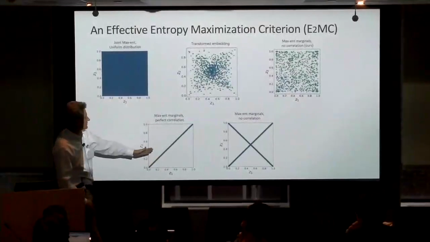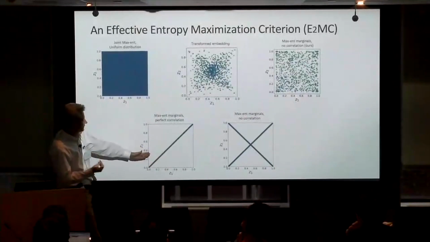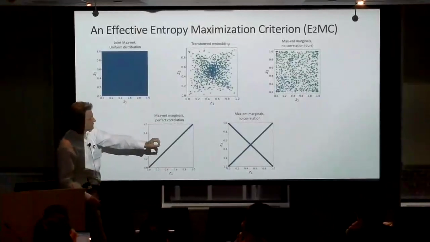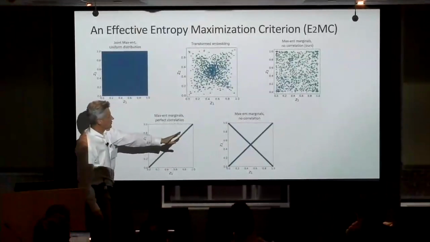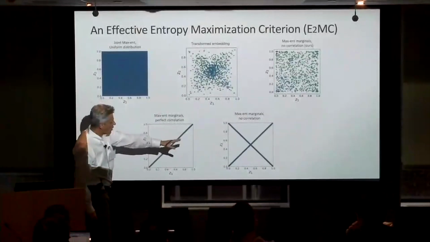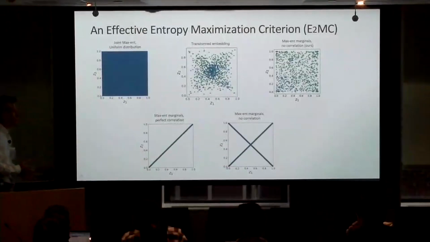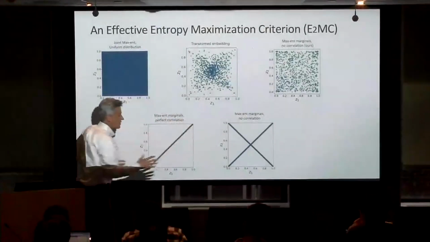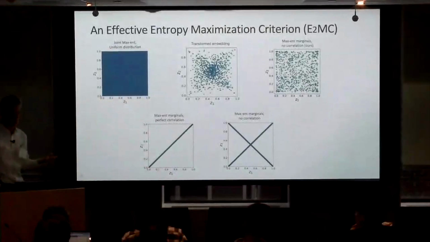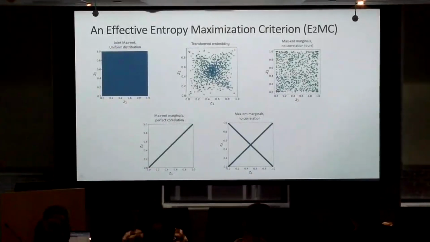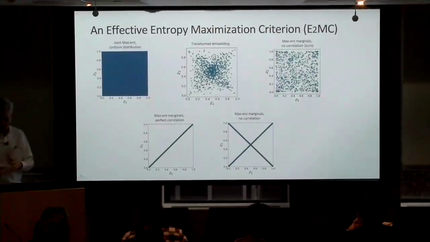You can get this solution if you don't include a decorrelation term. As Deep already mentioned, there are distributions like this X distribution that have max-ent marginals and are also decorrelated. So both of these two right distributions optimize our optimization criterion. And so the question is, are we going to get the thing in the upper right or in the lower right? Okay.